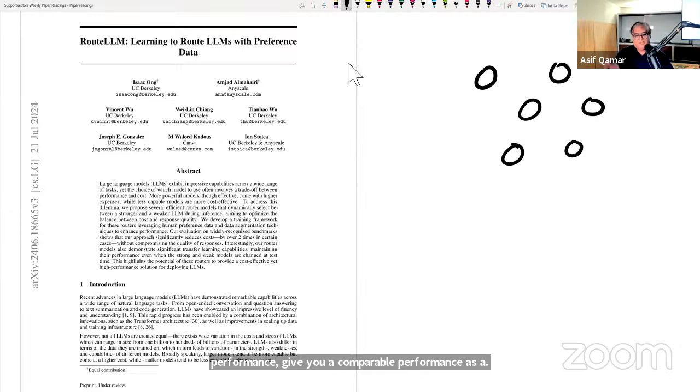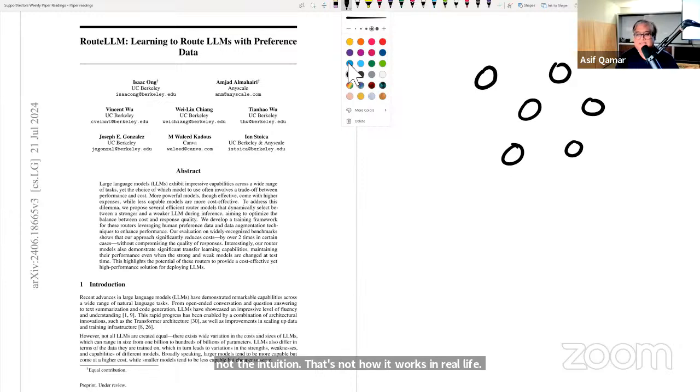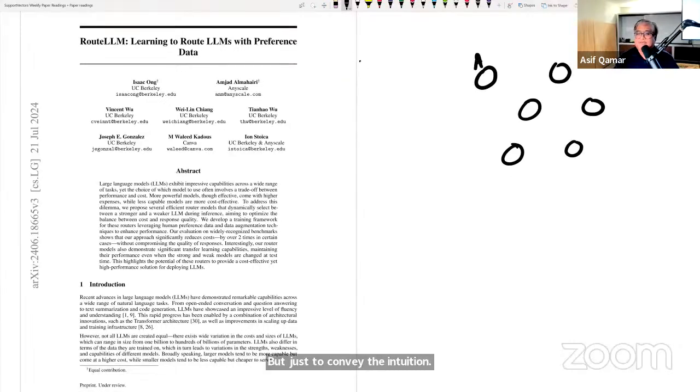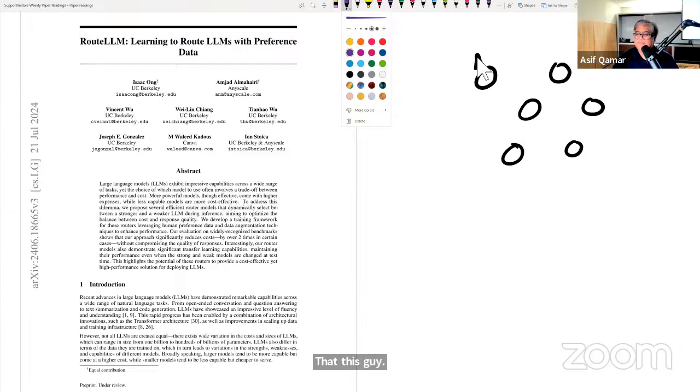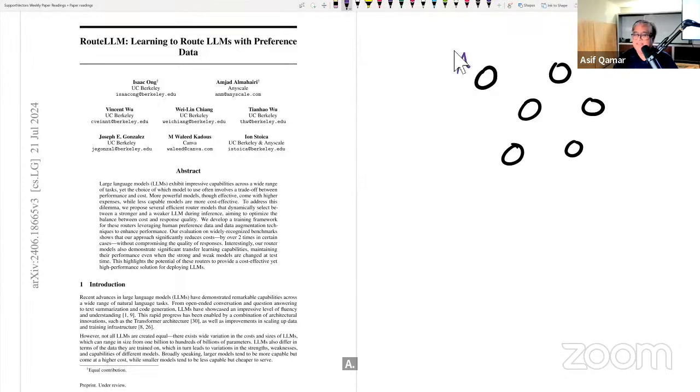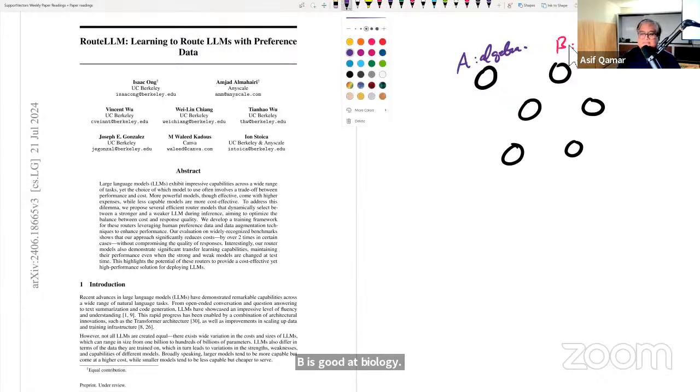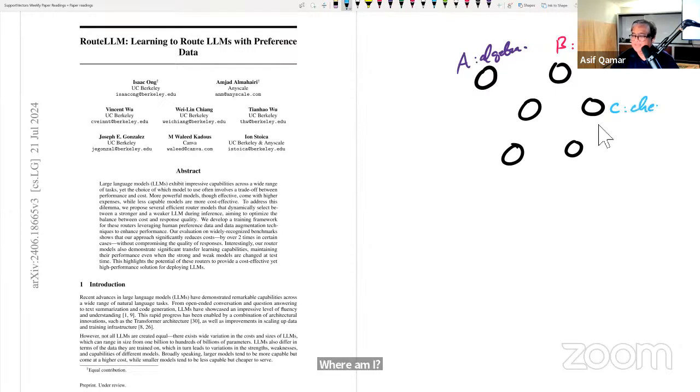So I will just, that's not how it works in real life, but just to convey the intuition, suppose I were to say that A is good at algebra, and let's say B is good at biology, and let's say C is good at chemistry.